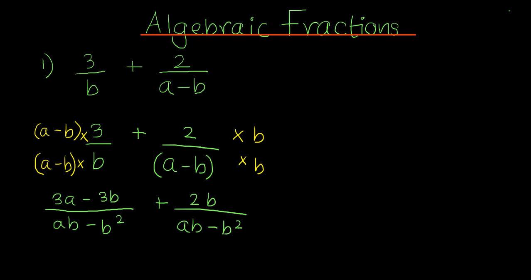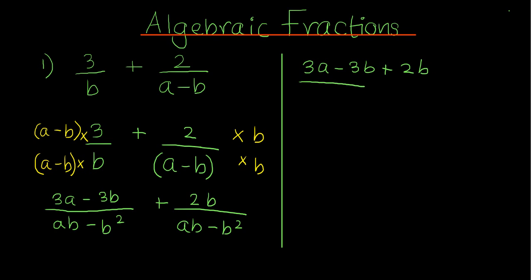I'm going to split my board so that I can use the other side. Okay, so when I go to simplify this, I can write it down as one fraction now, 3a minus 3b plus 2b. The reason I can write it down as one fraction is because the denominators now are the same.